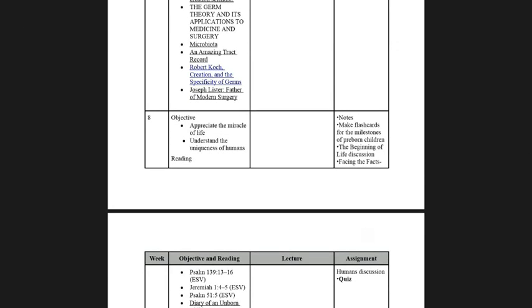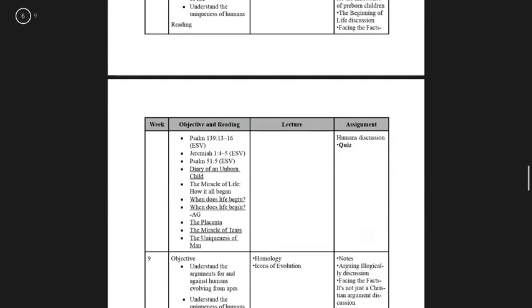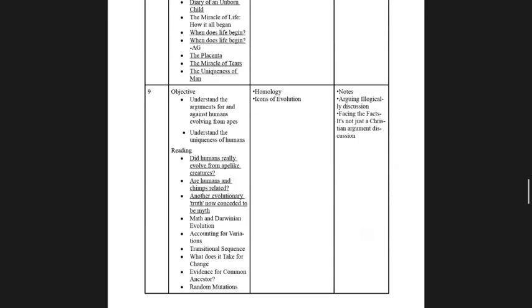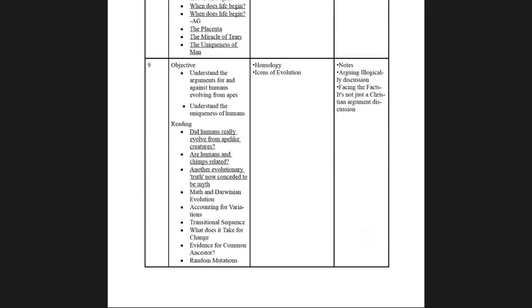Week 8, we start talking about humans and the process of birth and what happens before birth and all of the issues that go along with that. Week 9, again, talking about the whole evolution of humans or creation of humans, depending on the secular or creationist viewpoint.